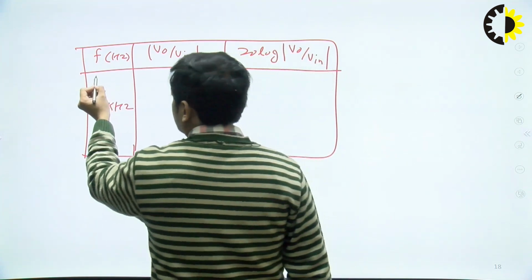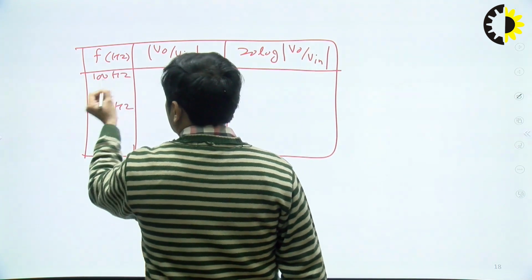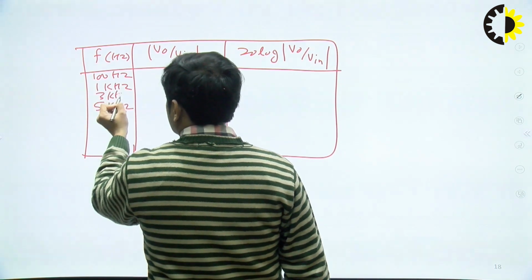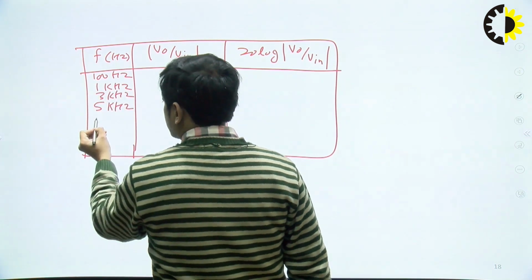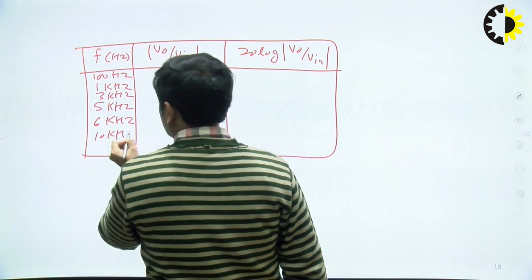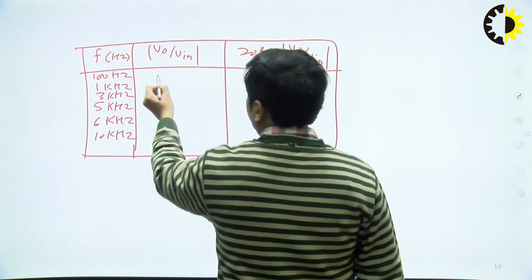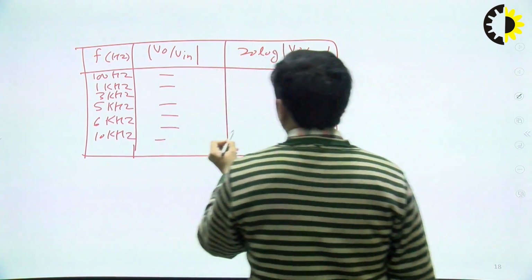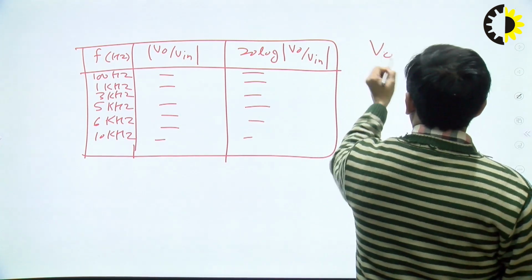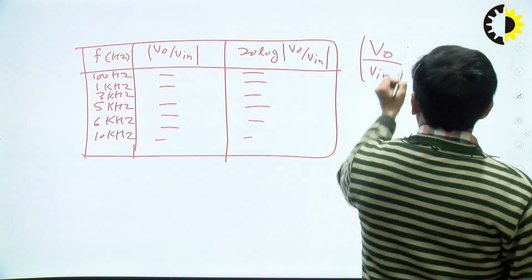So let's take F is equal to 100 hertz, F is equal to 1 kilohertz, 3 kilohertz. Similarly, few frequencies above 5 kilohertz, let's say 6 kilohertz, 10 kilohertz, right? And just calculate the V naught upon V in here with the help of calculator and convert that V naught upon V in into dB. And what is the equation for V naught upon V in?